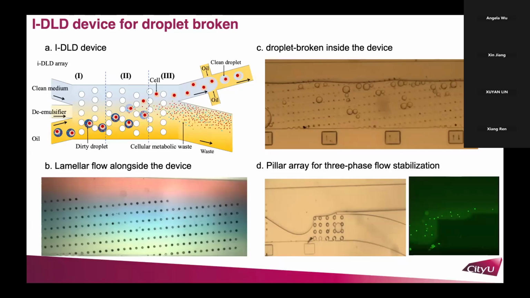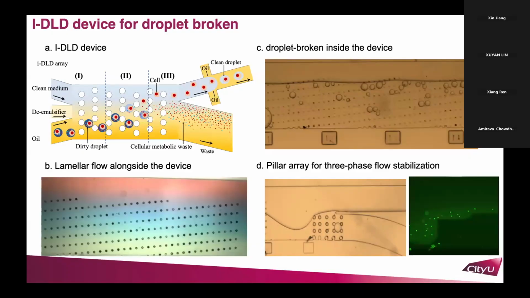Therefore, in order to sustain this stable laminar flow for several hours, we designed a pillar area at the outlet of the oil. As we can see, the surface tension generated by the pillars significantly helps to stabilize the interface between oil and the aqueous phase, so that the cells will be better exchanged with fresh media.